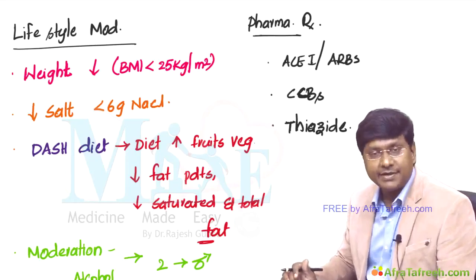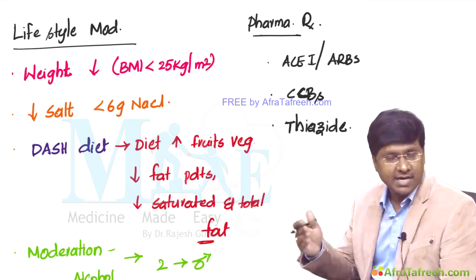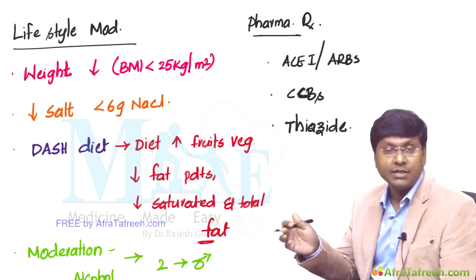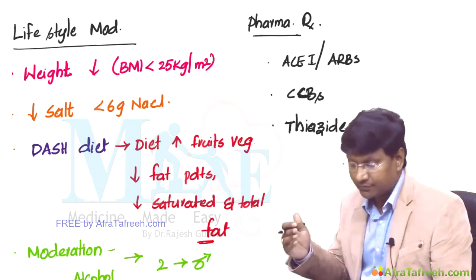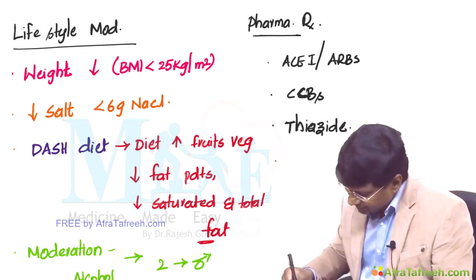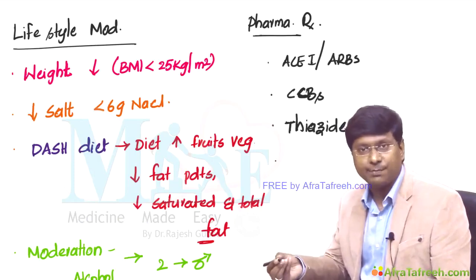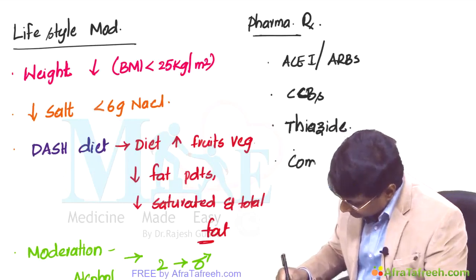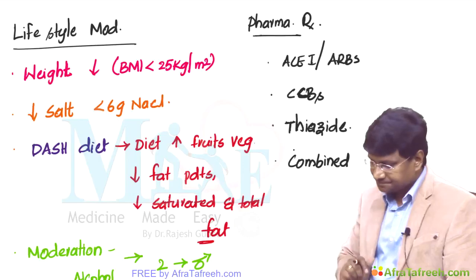Remember, thiazide diuretics are given when the individual is having hypertension, but if the individual is in a state of hypertensive crisis, then the loop diuretics are useful to manage that very high blood pressure. And if the blood pressure is not controlled with monotherapy, then you have to give the combined therapy.